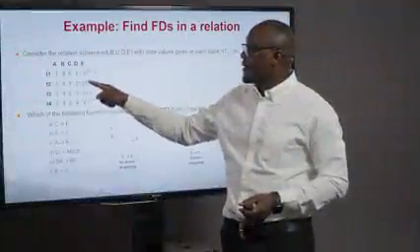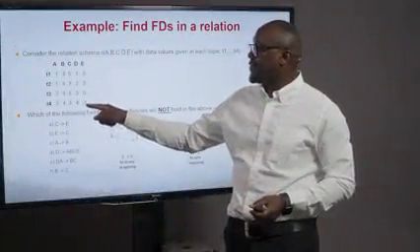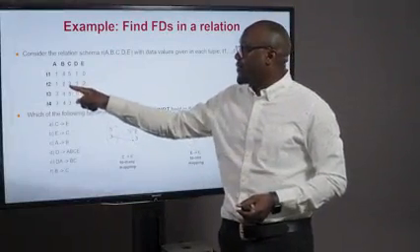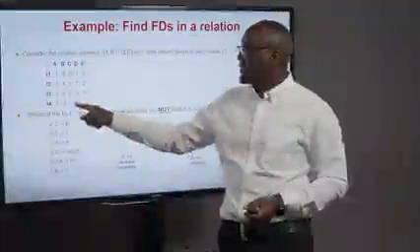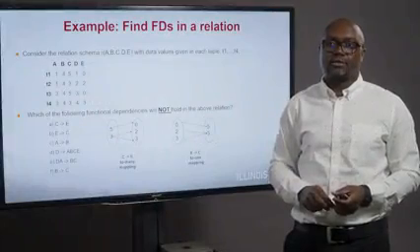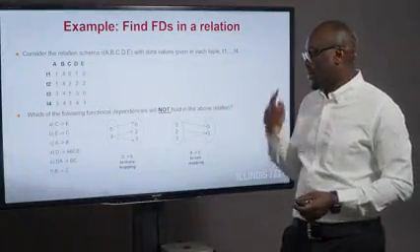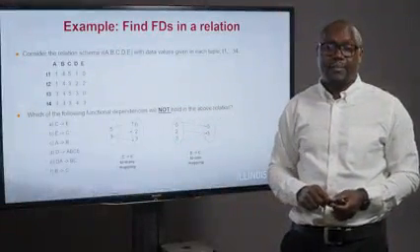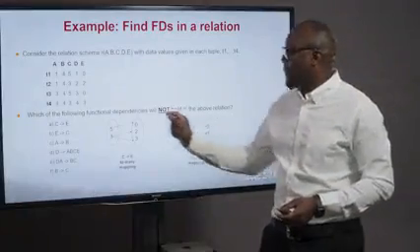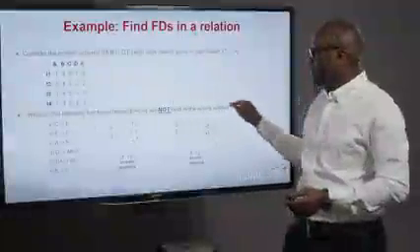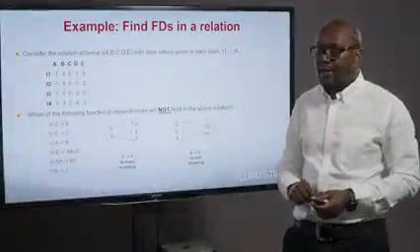The 3 fails on the second one. 3 is pointing to 2, but it's failing to point to 2 again. So it fails the condition. And since we are looking for those that are not holding, we can say it is part of the correct answer, if we consider this statement right over here.